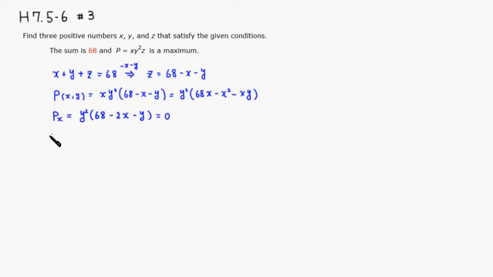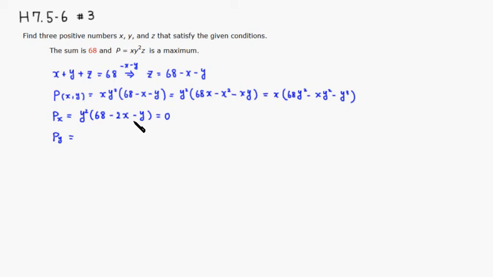And then the partial with respect to y would be, I'm going to rewrite it in a different way. x is considered to be a constant, so I'm going to leave x in here. Then you have 68y squared minus xy squared minus y cubed.